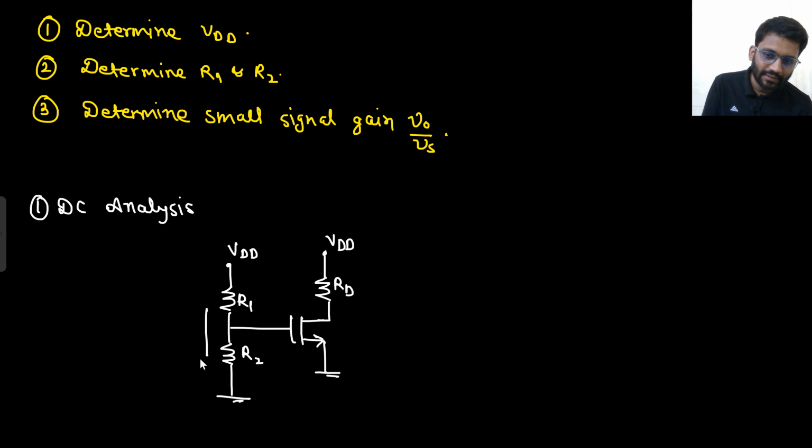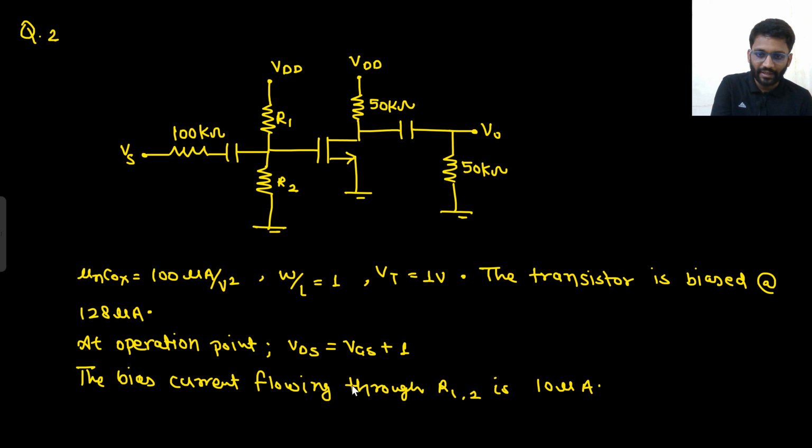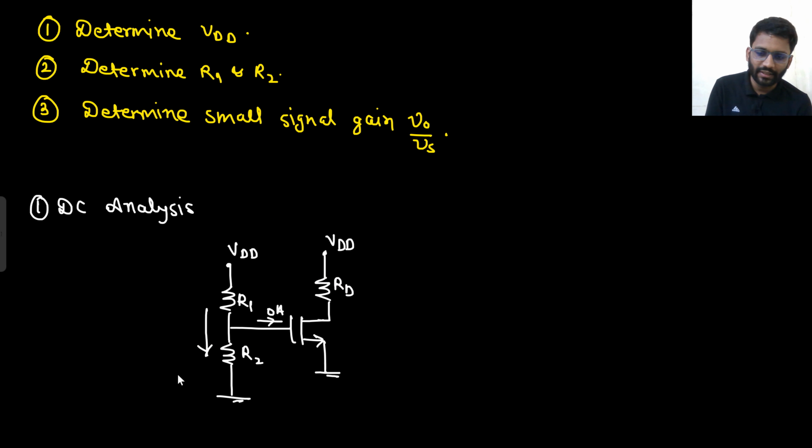The bias current is, there will be no current here. There will be 0 ampere current here. And the bias current is 128 microampere. This is given. Sorry, the bias current flowing through R1 and R2 is 10 microampere. So this current is 10 microampere, and this current is 128 microampere.